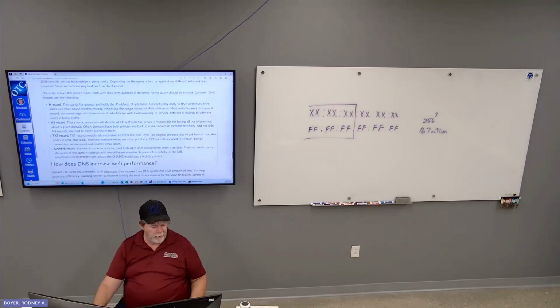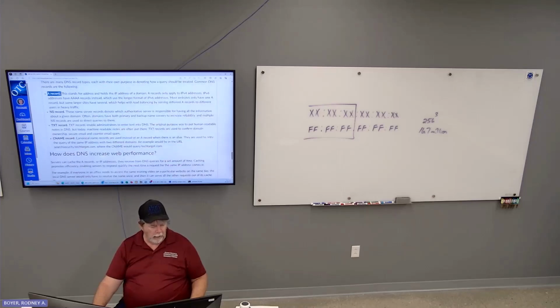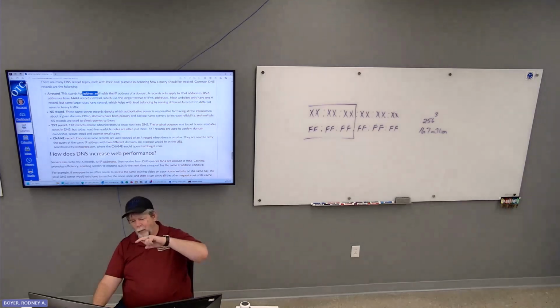Common DNS records. An A record is address. That's the IP address. Okay. An NS record is name server, which tells the DNS where the authoritative name server is.